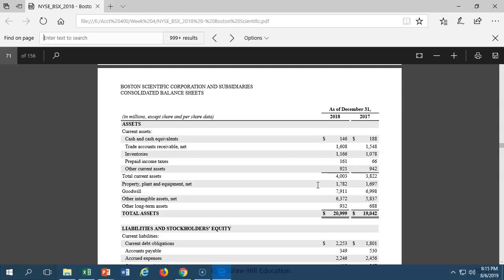Let's just assume a sales price of $1 million. Okay. Sales price, $1 million.